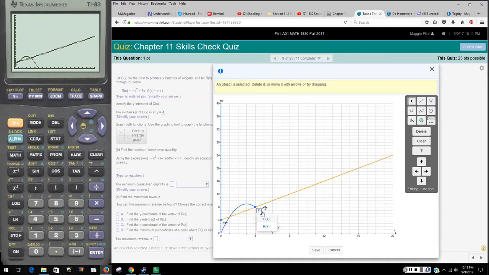And this is the c of x function. So this is what your graph looks like, and both of them look pretty similar. We should be okay.